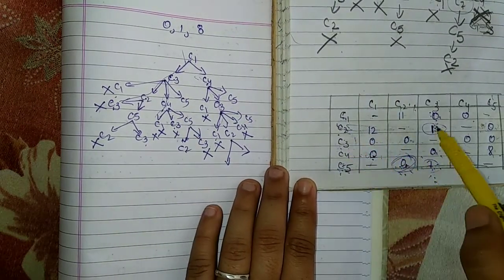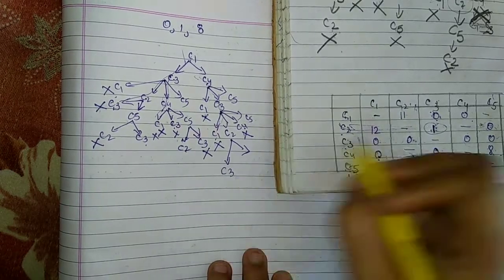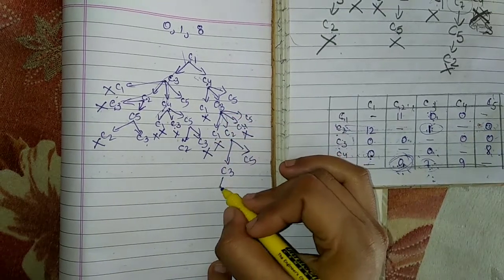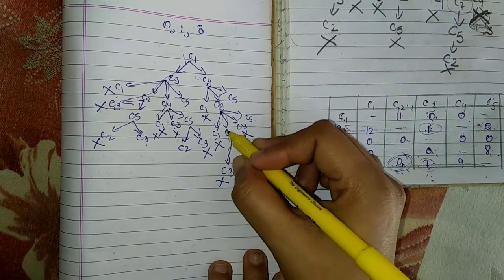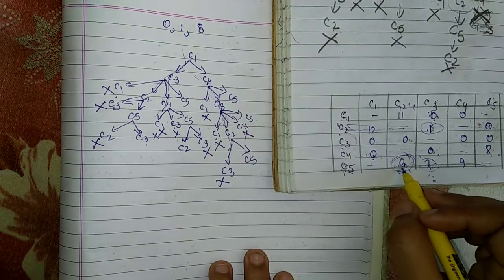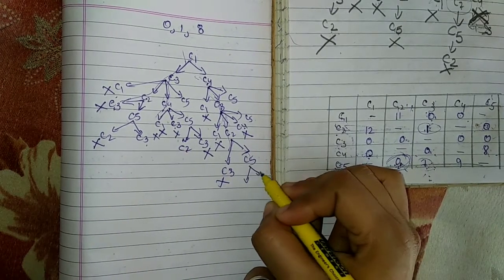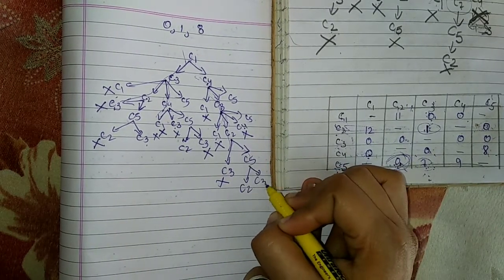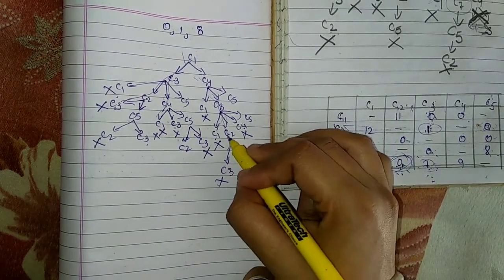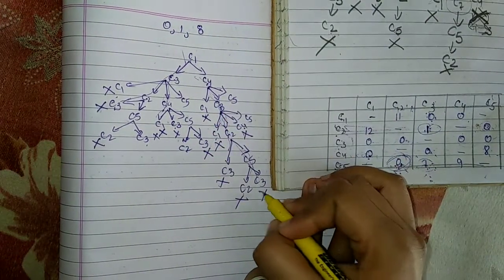For C2 there is 1 or 0, meaning C3 and C5. It is unfavorable because C3 is already covered here. C5 again, C2 and C3. C2 is unfavorable because it is already covered here. C3 is unfavorable because it is already covered here.